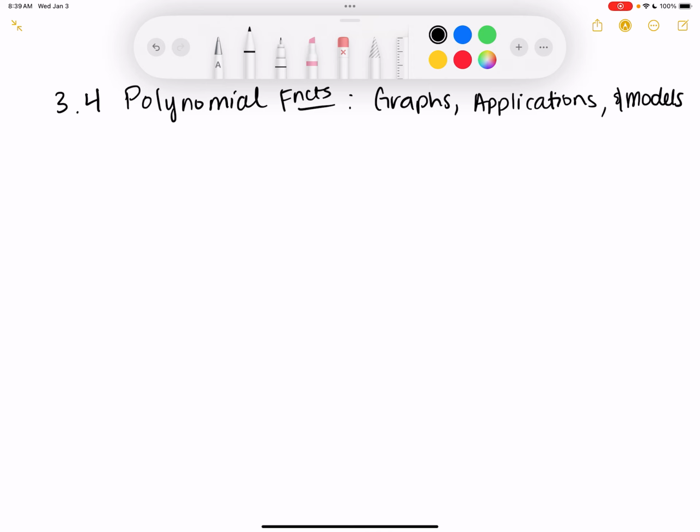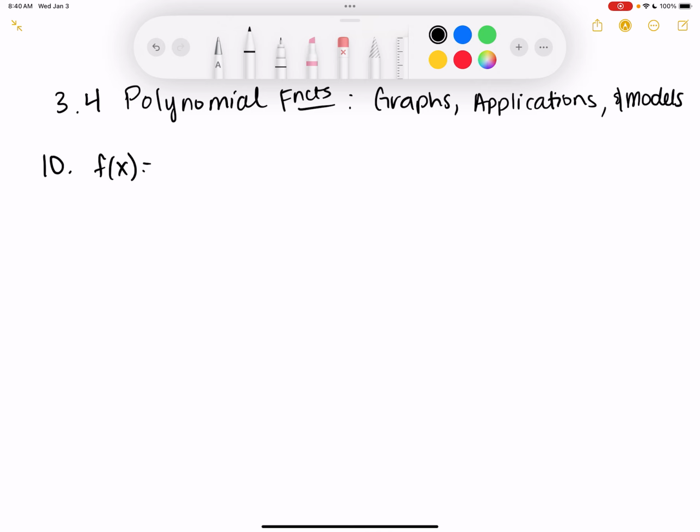So the first one says, graph each function, determine the largest open intervals of the domain over which each function is increasing or decreasing. And so we're going to actually use your calculator to graph the function, and then we're going to look at it from there. So the first one is going to be number 10.